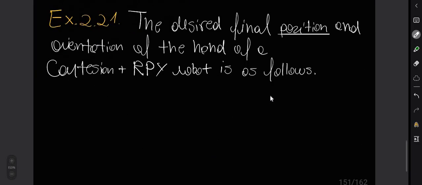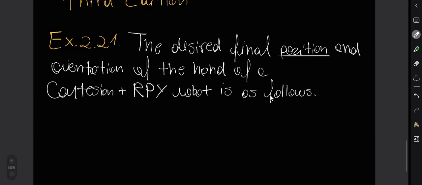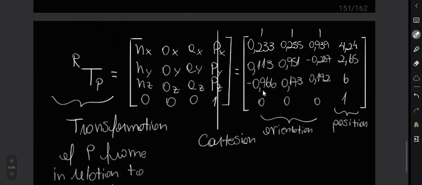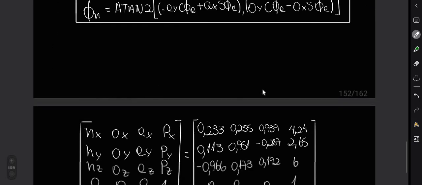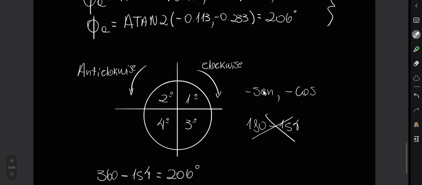And again, look how important the interpretation is. Is the hand, is the final actuator, is the end effector. Remember, we always want to know where the end effector is going to be at the end of some task. Okay, that was very quick, and let's continue.